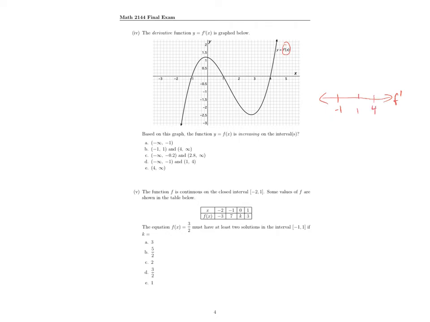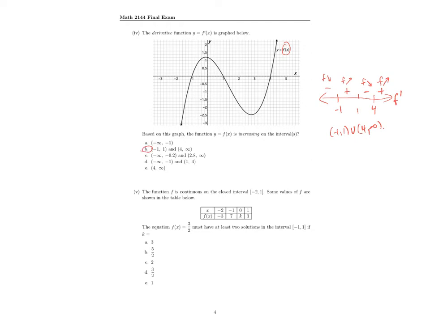And f prime is positive here, negative, positive, negative. So that means that f is decreasing, then f is increasing, f is decreasing, f is increasing. So we know that f is increasing on the interval negative 1 to 1, union 4 to infinity. So that's it. That's part B.